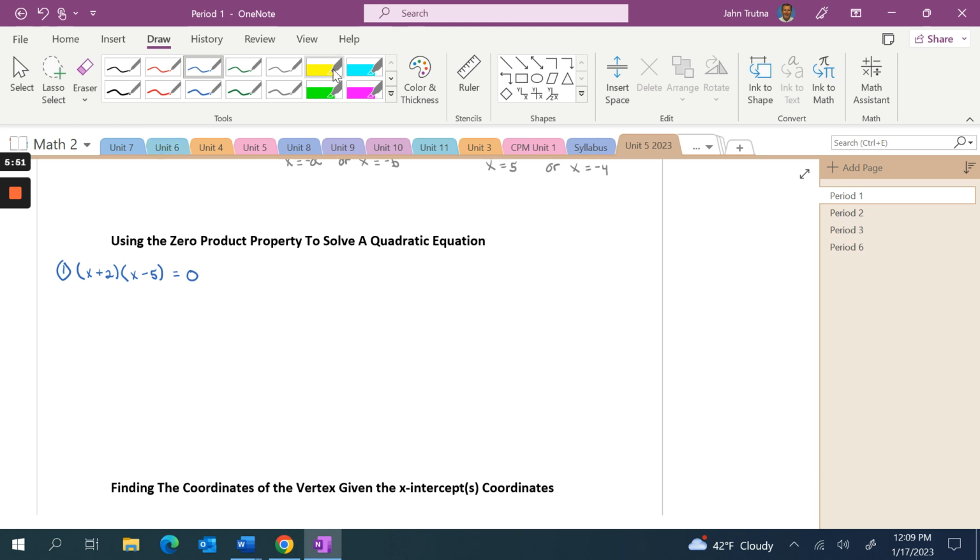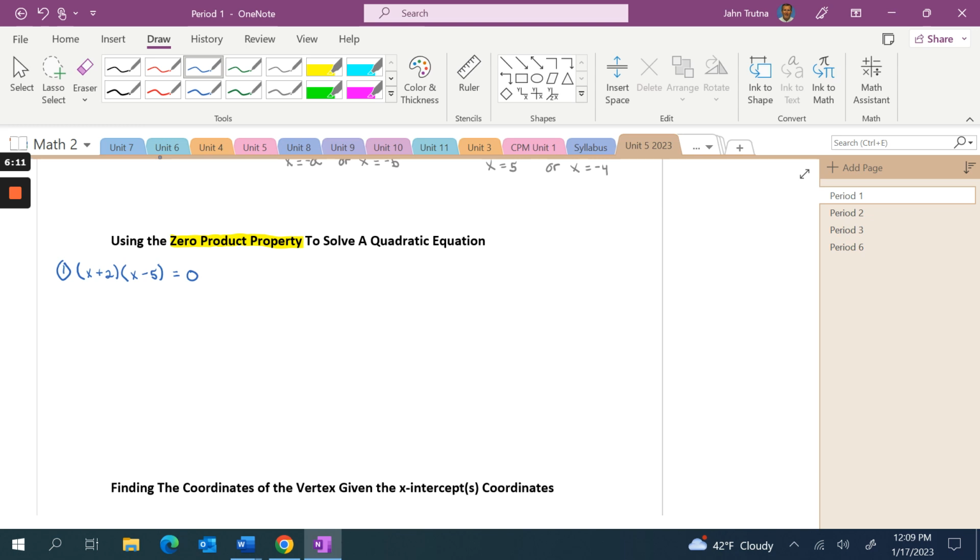Okay, now we're going to be using the zero product property. Now, you can only use the zero product property if the quantities are actually being multiplied. They have to be equal to 0. So the result has to be equal to 0. Now, here's what the zero product property tells us.